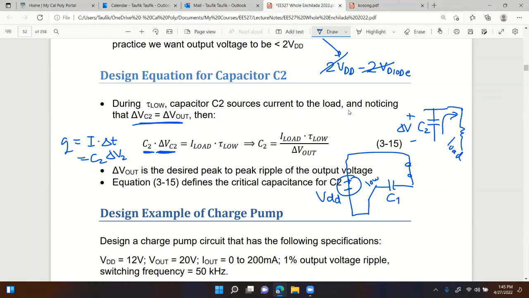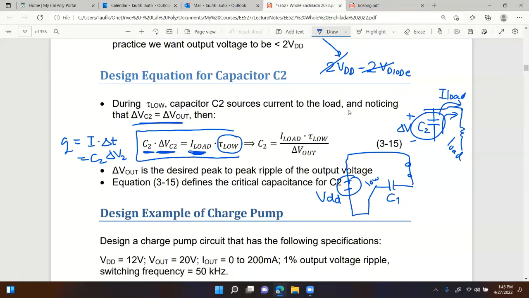So the delta T there should be tau low. But the current there is the current through the load, as we're looking at C2. So the current supplied by C2 is called I load. Make sense? Any question on this?